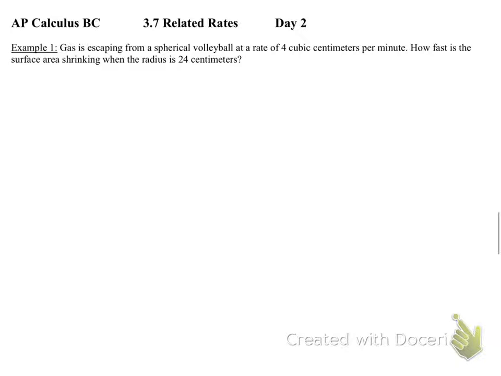Okay. Gas is escaping a spherical volleyball at a rate of 4 cubic centimeters per minute. How fast is the surface area shrinking when the radius is 24 centimeters? So write down everything you know. The rate of change of the volume is 4 cubic centimeters per minute, and it's shrinking, so that would be negative.